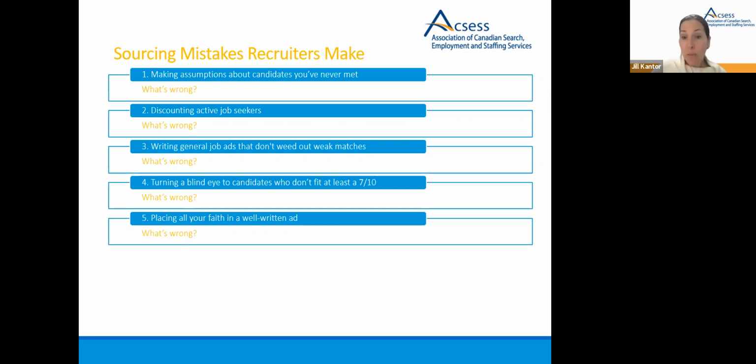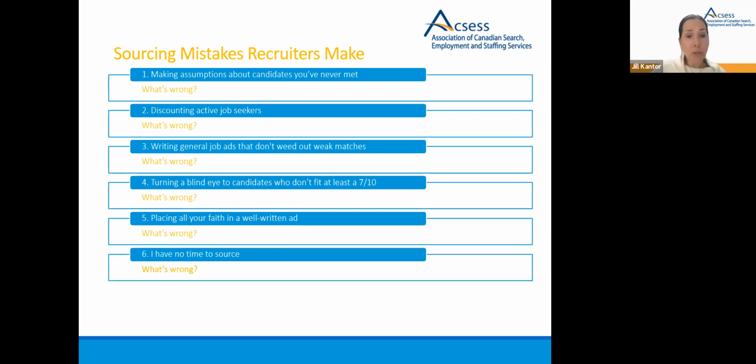And then also, it can go back to number 5 here, is placing all your faith in a well-written ad. On the one hand, I said on point number 3 about having an ad that's not well written enough, right? Not having an ad that's got some specifics. But now I'm saying the opposite in some degrees, that we can't also place all of our faith in that written ad.